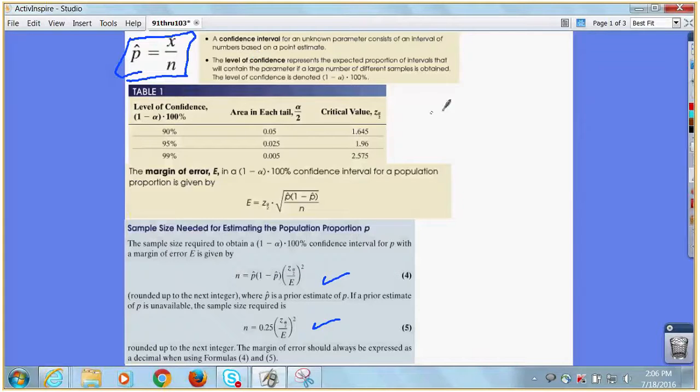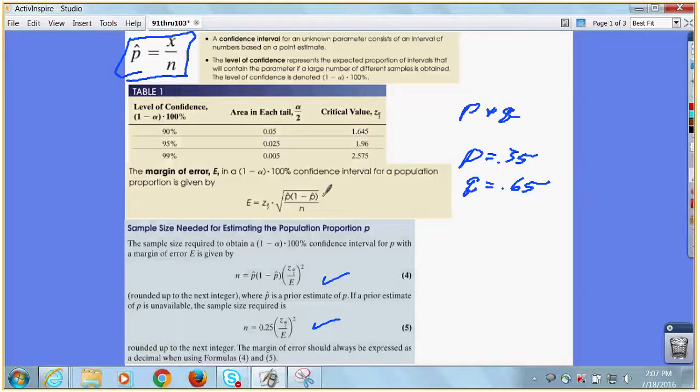I don't like the way this book does. Most books do P and Q. Q is the complement of P, P is the complement of Q. So if P is equal to 0.35, then Q is equal to 0.65. All right, I do not like the way this book writes Q. It writes 1 minus P, and that does more confusion more than anything.